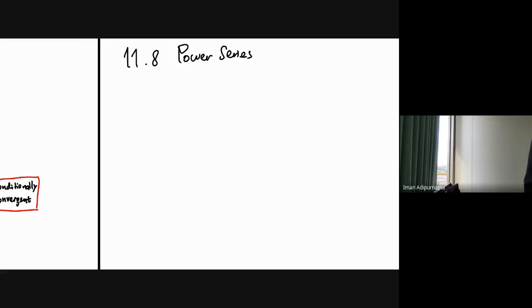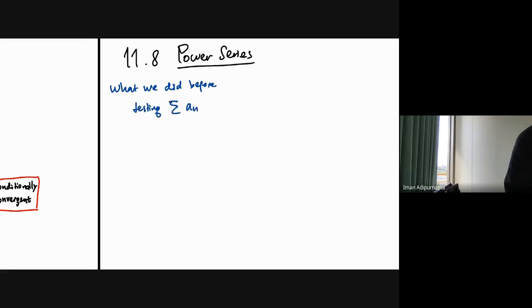So it's called the Power Series now, 11.8. What we did before, the other testing methods and so on, was testing the series of an, right?